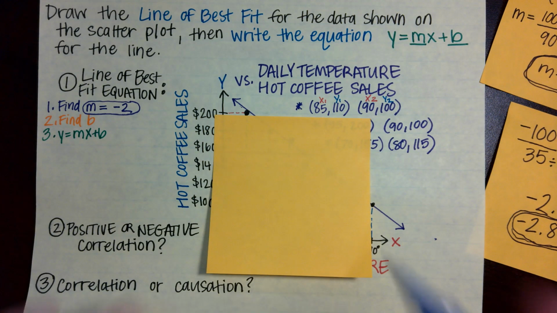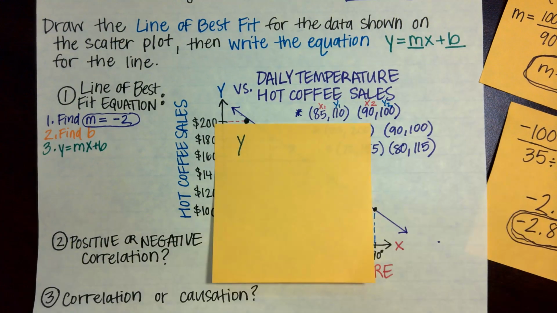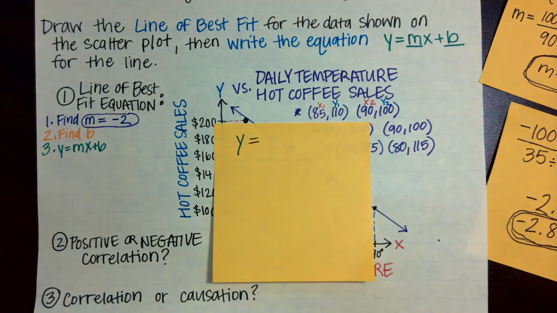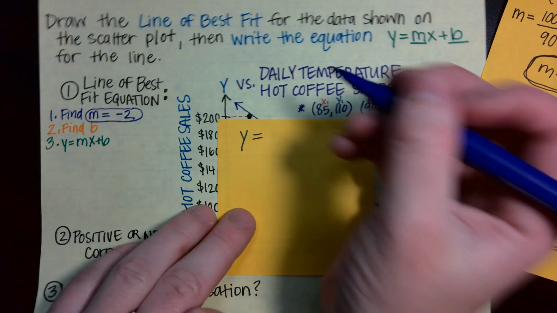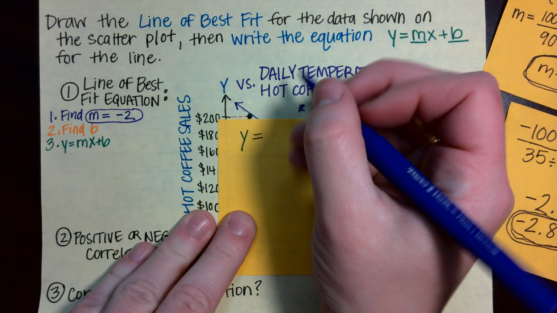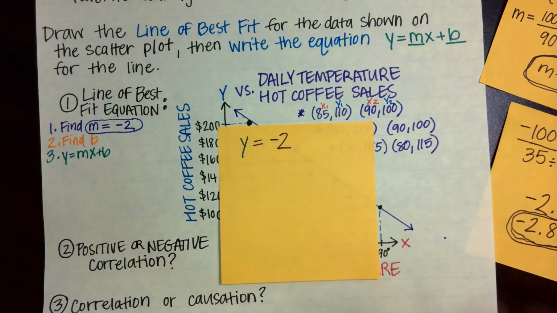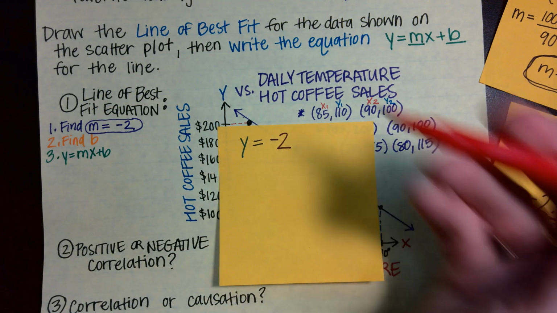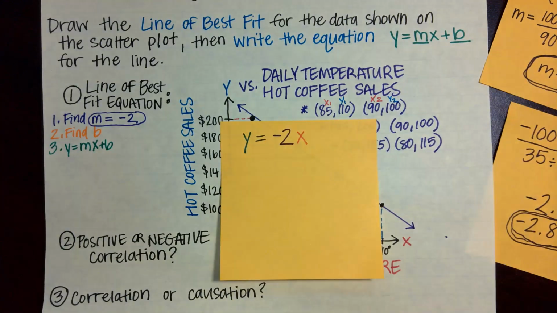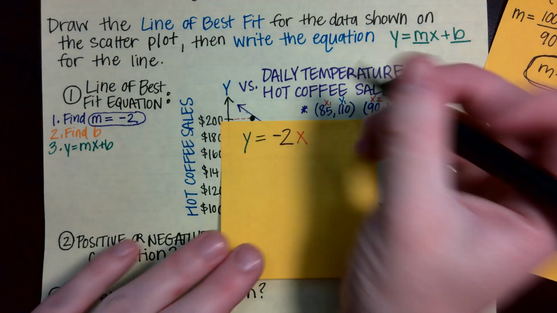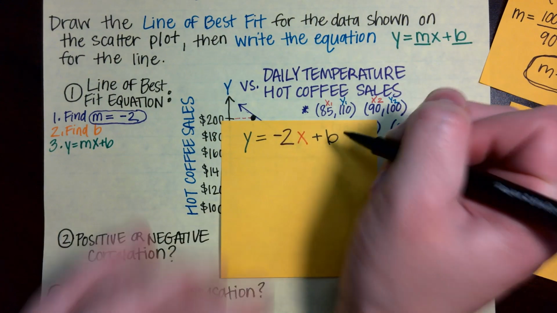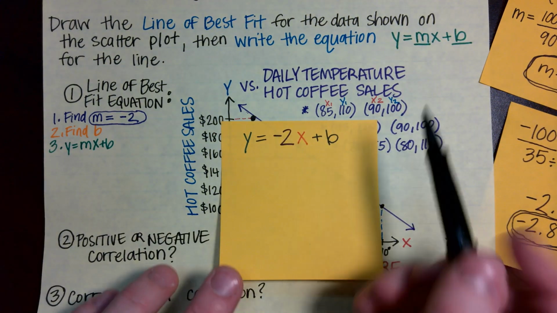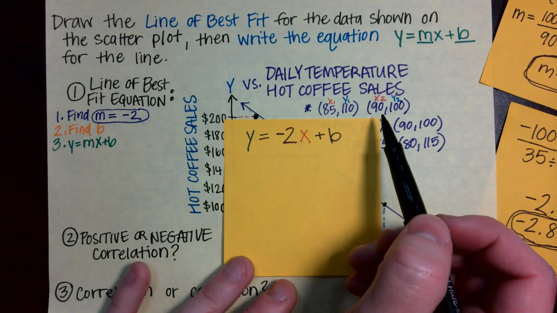Okay, so I've got y equals m, what's m? -2, or whatever m you found, times x plus b. Okay, and then we said we're going to put in this coordinate, 90, 100.